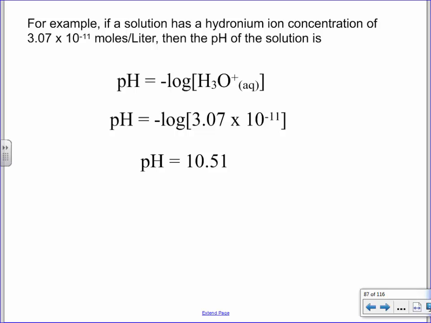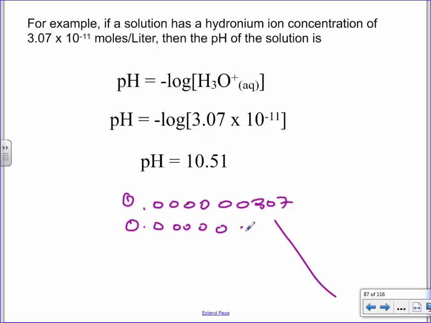If this were times 10 to the minus 7, it would be 0.1, 2, 3, 4, 5, 6, 7. Okay. But this one's to the minus 11, so it's 1, 2, 3, 4, 5, 6, 7, 8, 9, 10, 11. How does this number here compare to this number here?